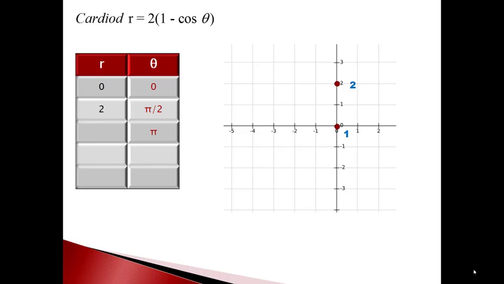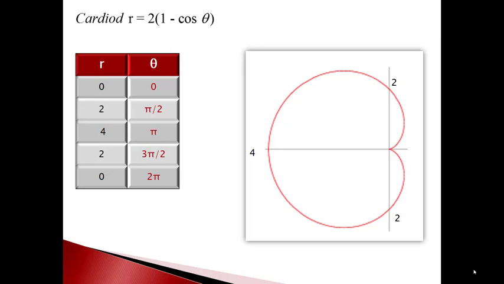When theta equals pi, r equals 4, we obtain the third point. When theta equals 3 pi over 2, r equals 2, we obtain the fourth point. The points are connected and we obtain a cardioid. This is a special case of a more general curve called limaçon.